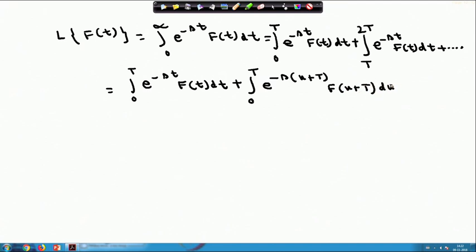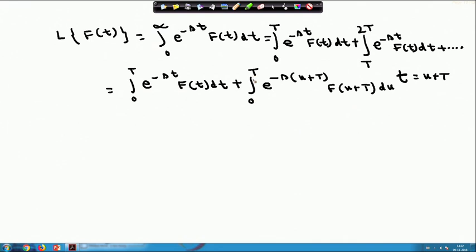That is, I am making the substitution t equals u plus capital T. So, at t equals T, u will be 0, and at t equals 2T, u will be equal to T.